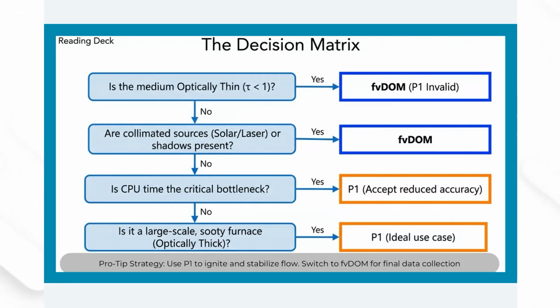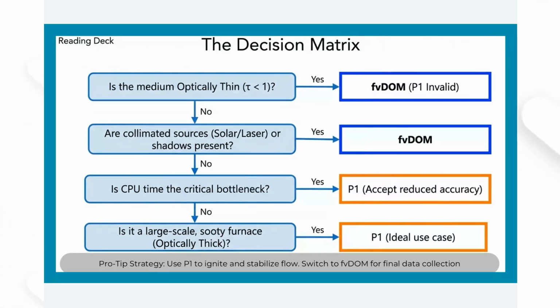Now, if your material is not optically thin, if it is a collimated source, which is, if your medium isn't perfectly clear, like your solar or lenses, the question here becomes: are these collimated sources, or do you need sharp shadows as well?